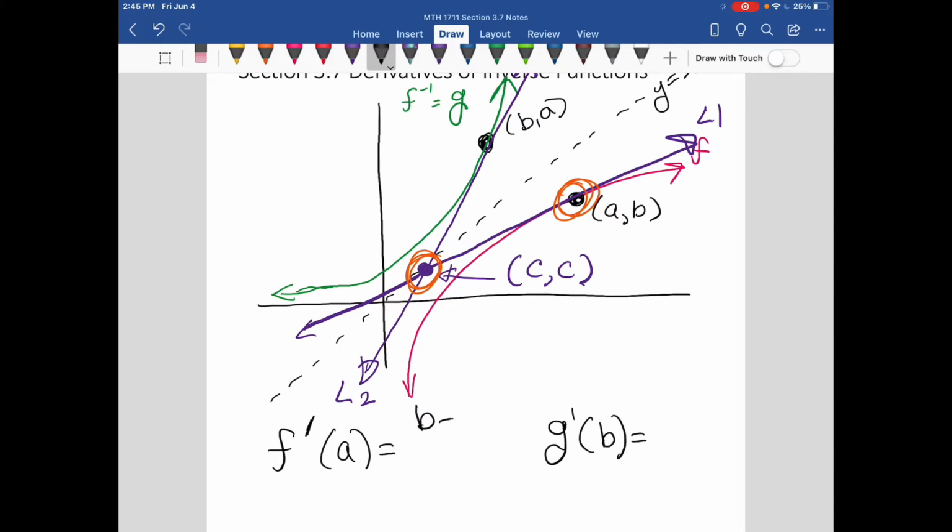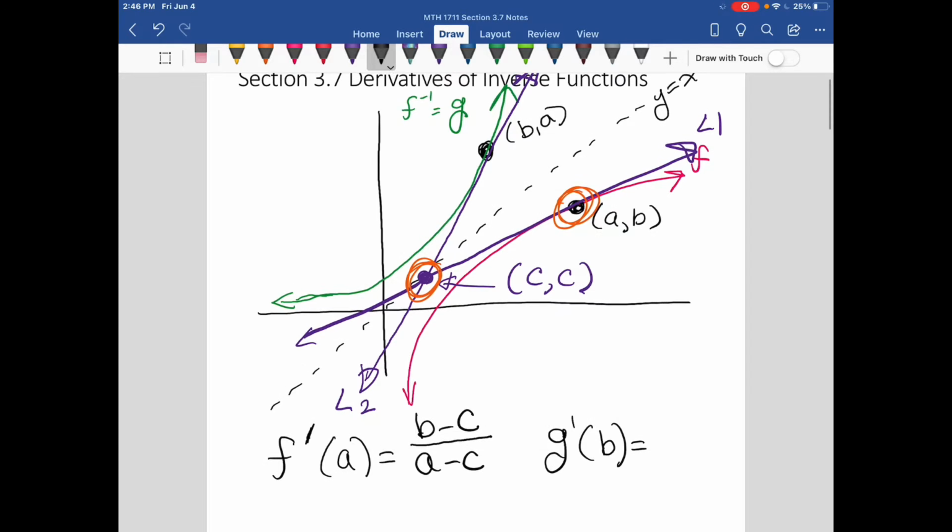Let me highlight those 2 points. So we have this point and this point. That's what we're using to find the slope. So I take the change in my y's, which is b minus c, and I divide by the change in my x's, which is a minus c.